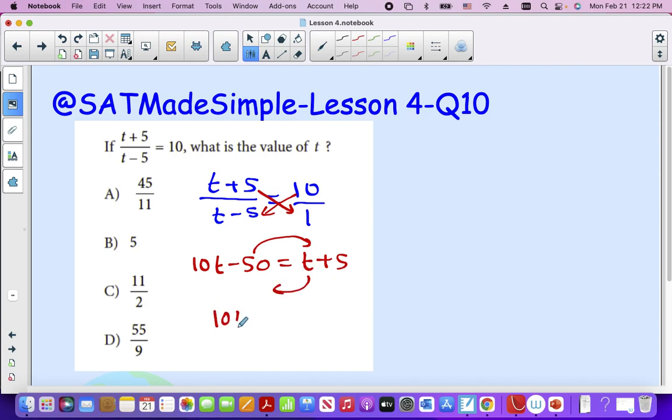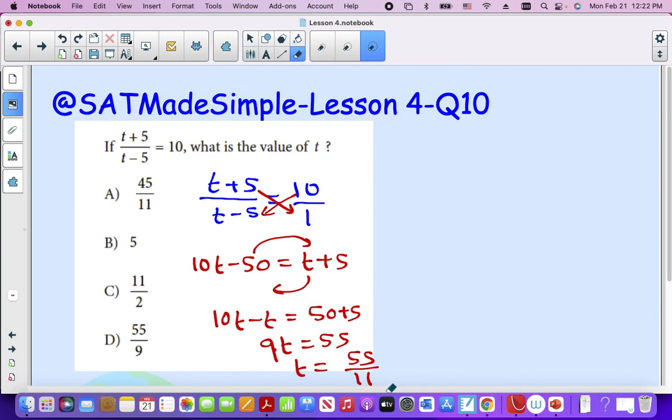That'll be 10t minus t equals 50 plus 5. So 9t is equal to 55, so t is equal to 55 over 9, not 11. Which makes D our correct answer.